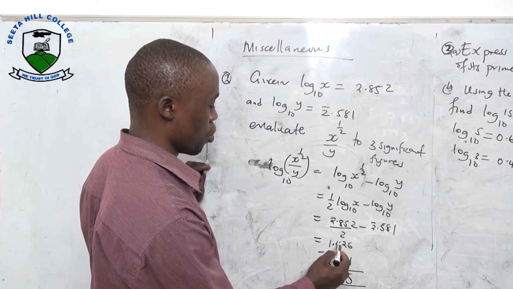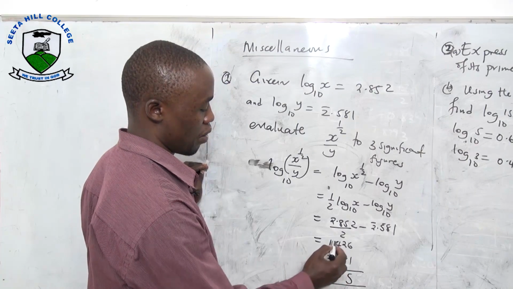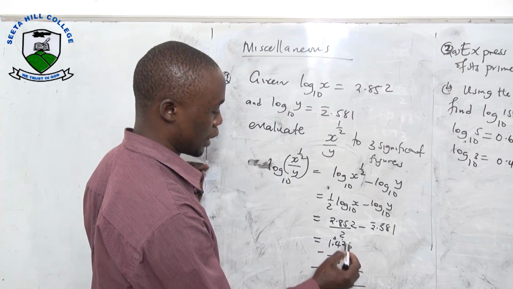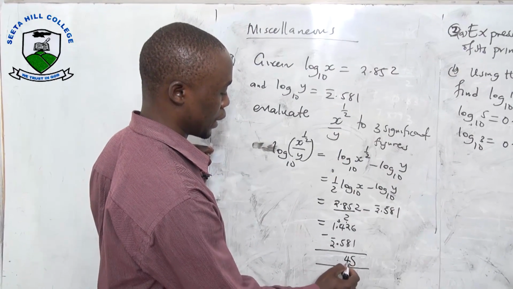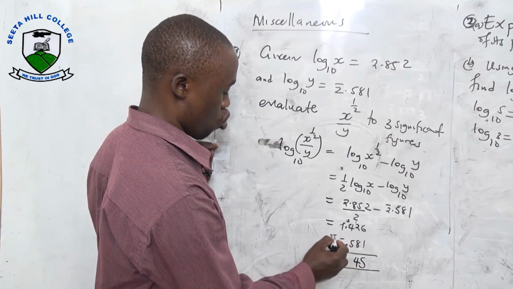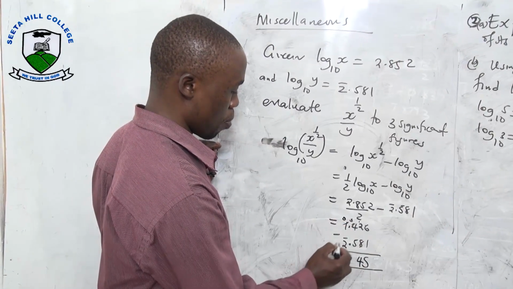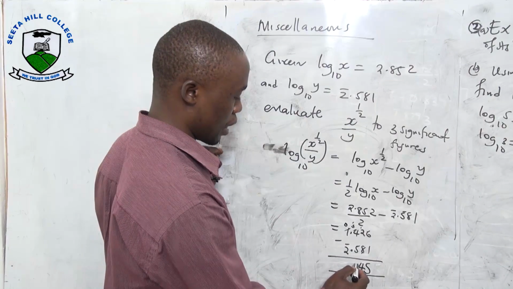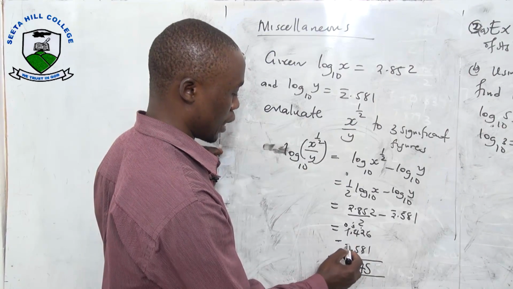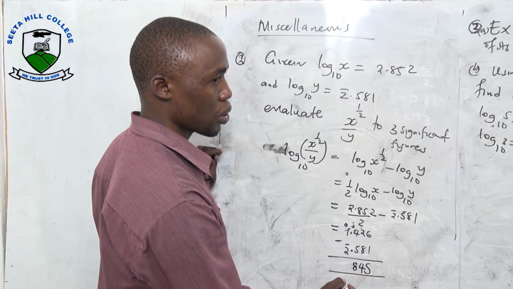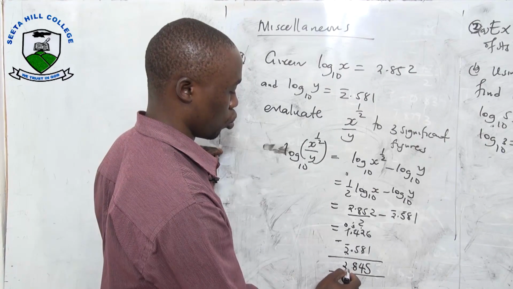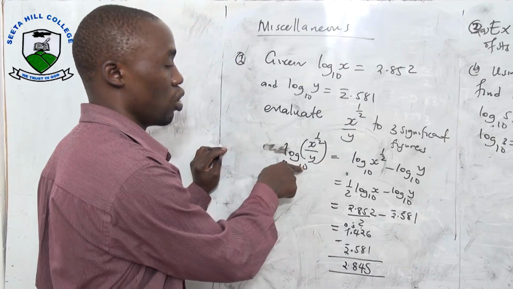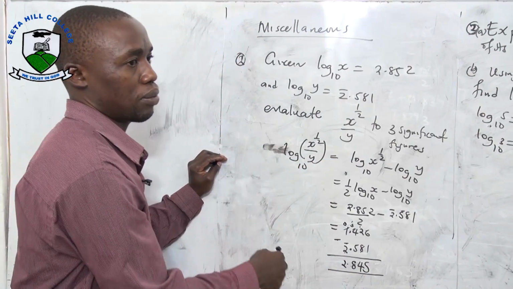Borrow, remove 1, 3, put here, 12 minus 8. See, borrow, 0, not so? Yes. 13 minus 5, 8. 0 minus negative 2, positive 2. So you anti-log that thing because you introduced logs.